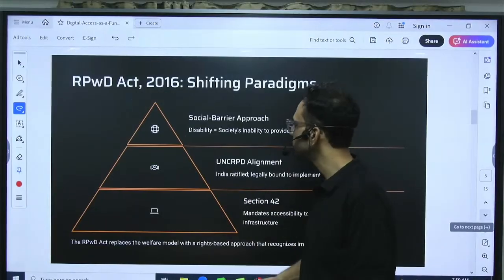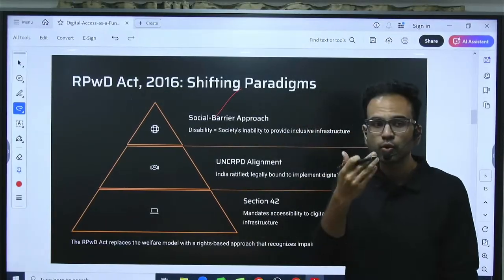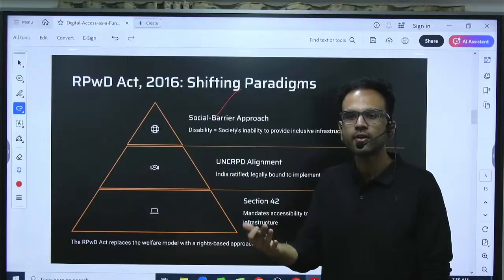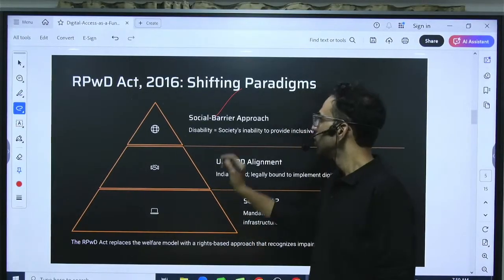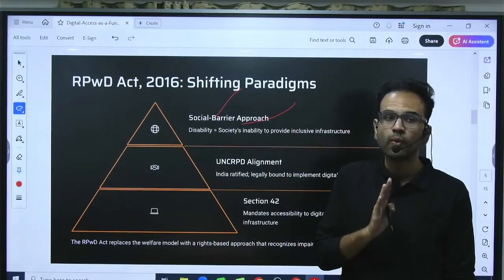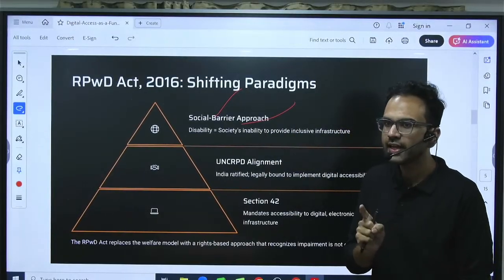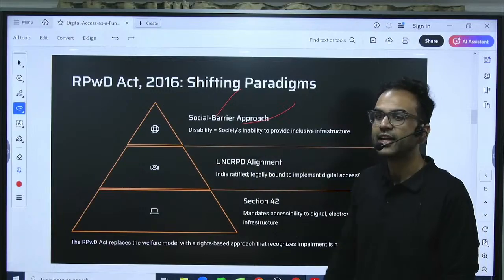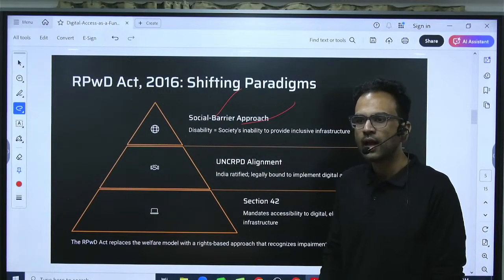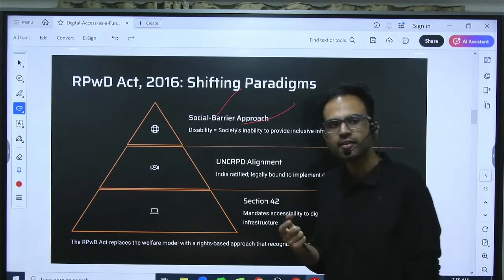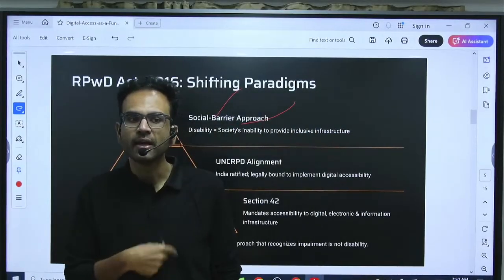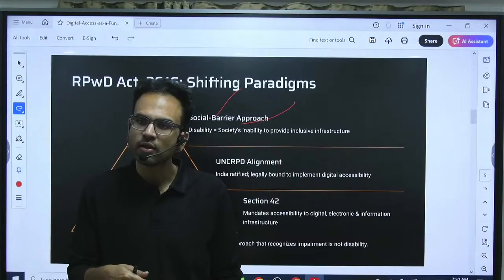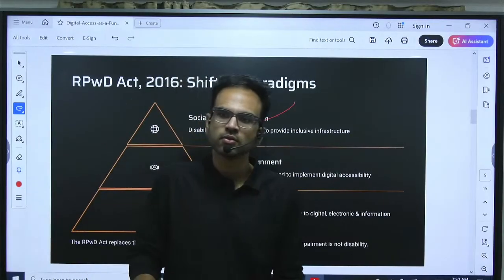Let's look at those. So firstly, when you look at the problem, the very philosophy as to how we approached is changed. Social barrier approach. When you say disability, we are not taking it as a problem of the individual. In a social contract between the state and the individual, you cannot blame an individual for their natural disadvantage.